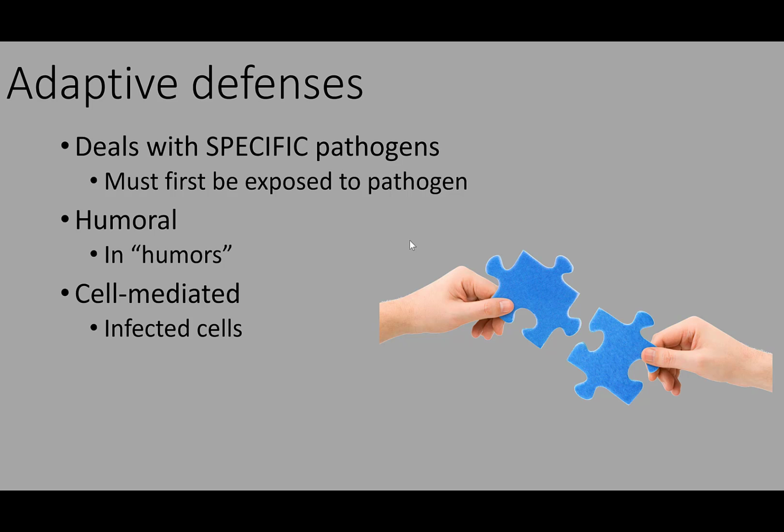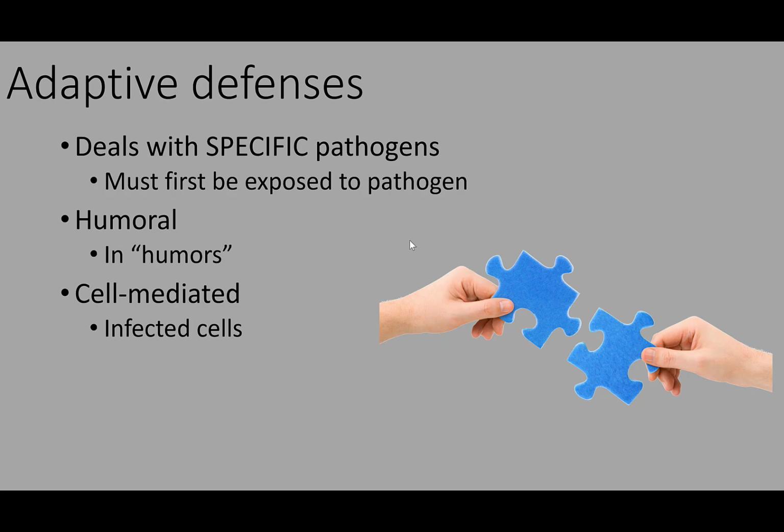Adaptive defenses deal with specific pathogens. So something like this year's flu, or we're all familiar with COVID by this point. Remember, there have been different strains of COVID. Well, each strain is a different pathogen. And we would have certain immune defenses against one of those strains and a completely different set against another of those strains.